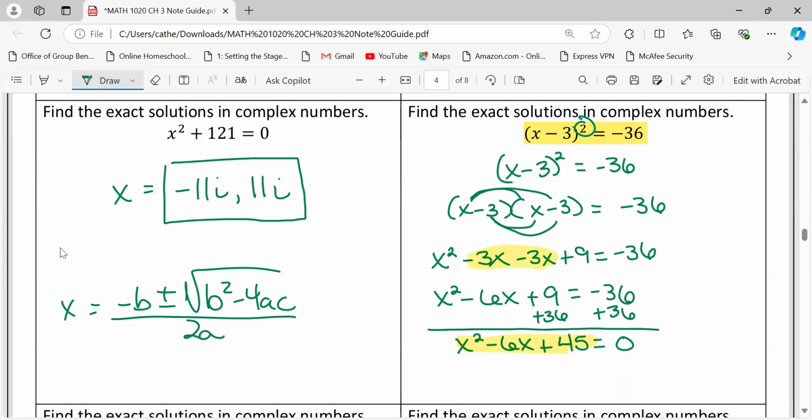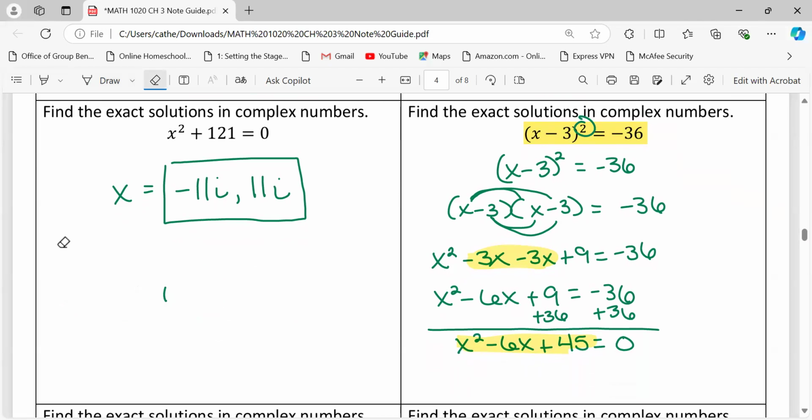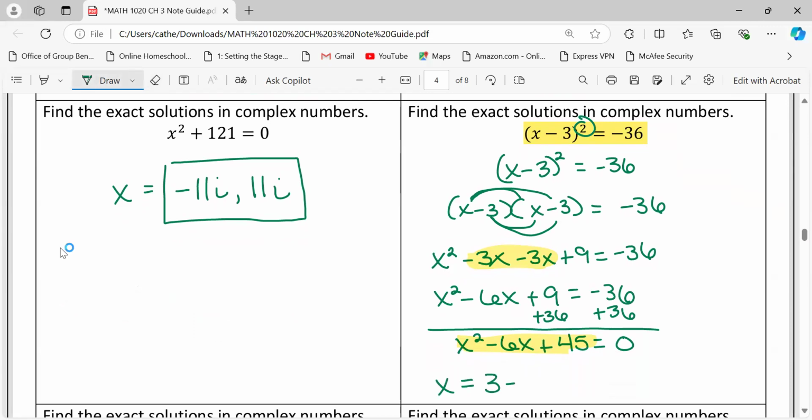That's the quadratic formula. It keeps us from having to use that. Okay. All right. And this one, x was 3 minus 6i and 3 plus 6i.